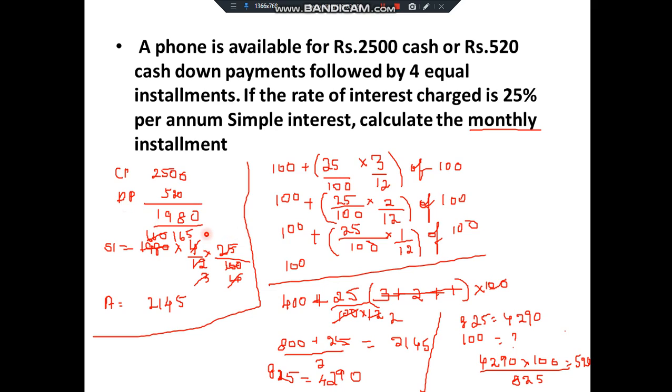So your principal is 1,980, then rate of interest is 25%, and for the monthly installment, they have given 4 equal installments, so 4 by 12. So please note this and be careful. If you miss it, you will go wrong with the calculation. It is monthly installment, so 4 by 12. You have to convert it into a year. So you will get the value for simple interest, and then add the simple interest to the principal 1,980.